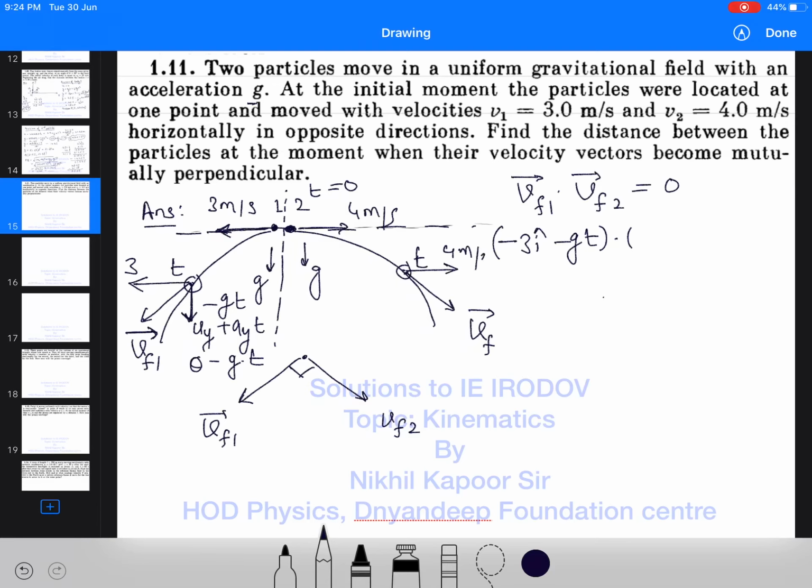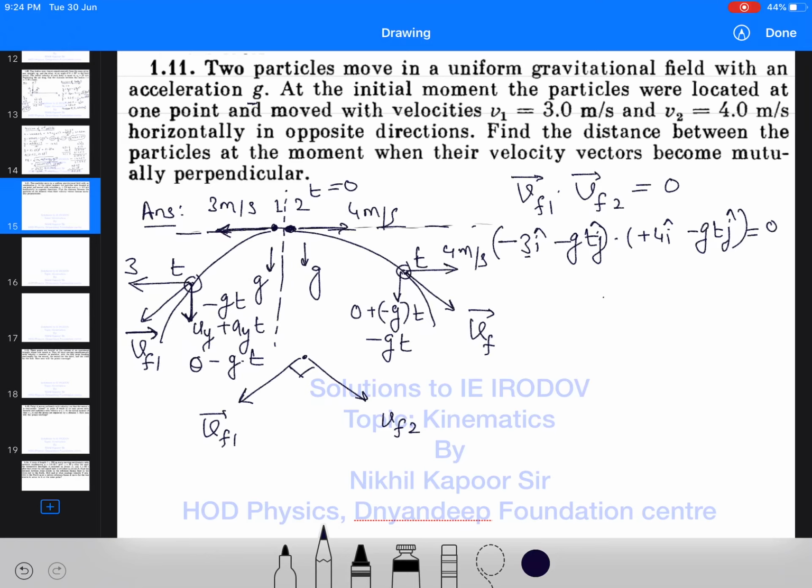dot product with the velocity of the other particle. Here this particle will have velocity in x direction of 4 meter per second, which will not change, so it will be plus 4 i cap. The initial velocity in y direction is also 0, so it is u minus gt, which is minus gt j cap.